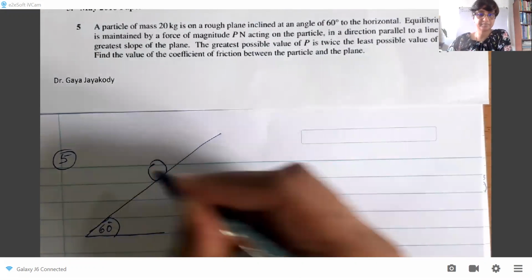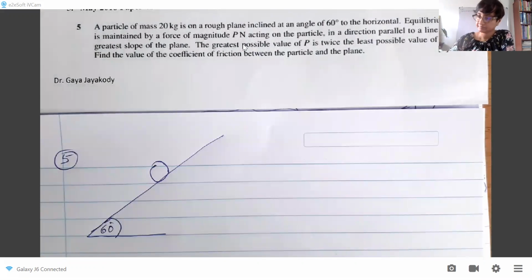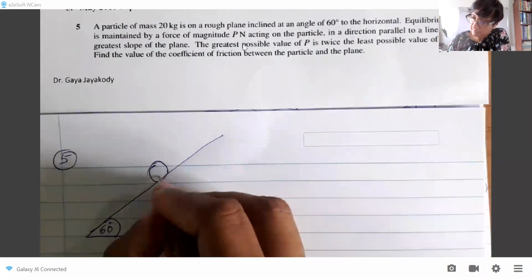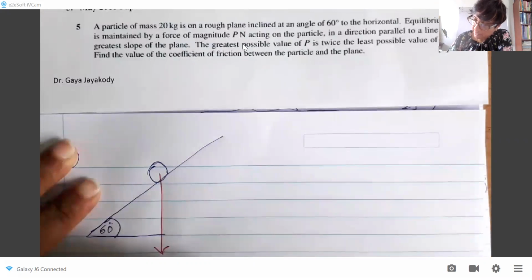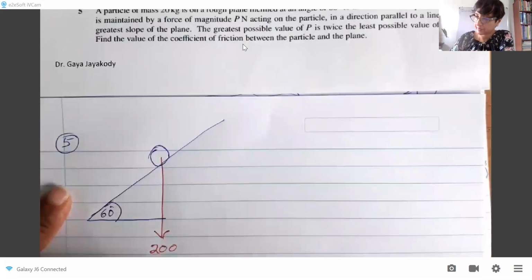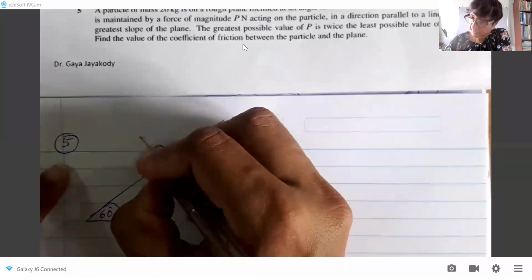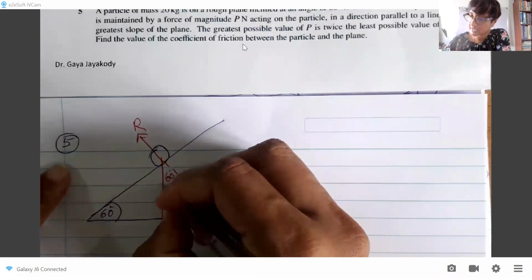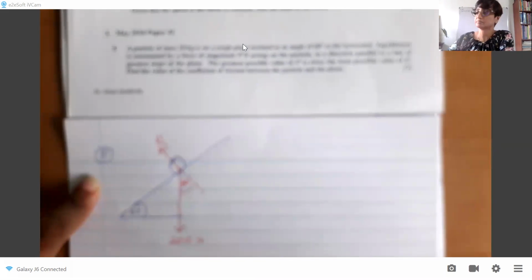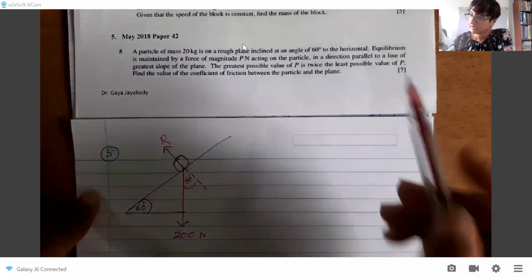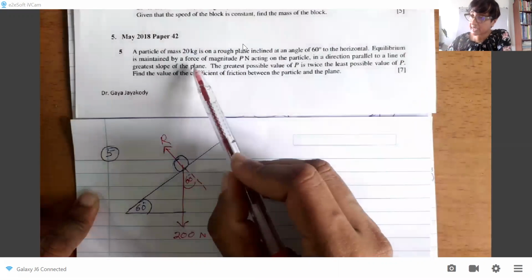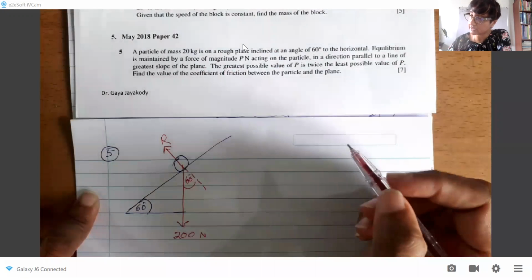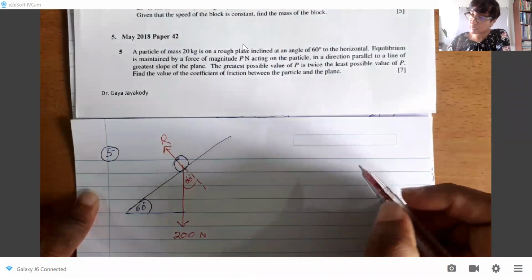I'll draw the particle like that. 20 kg, I can immediately mark 200 newtons, the weight, the reaction, and 60 degrees here. Oops, got blurred, no? Right. Equilibrium is maintained by a force of magnitude P acting on the particle in a direction parallel to the line of greatest slope of the plane.